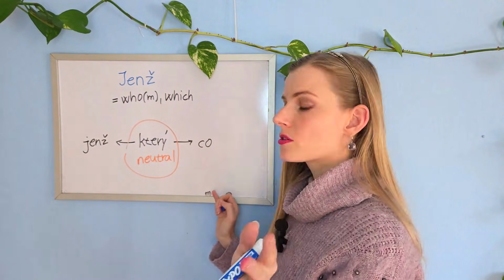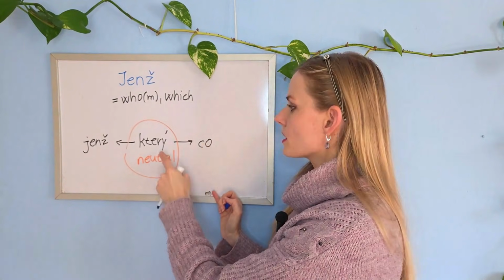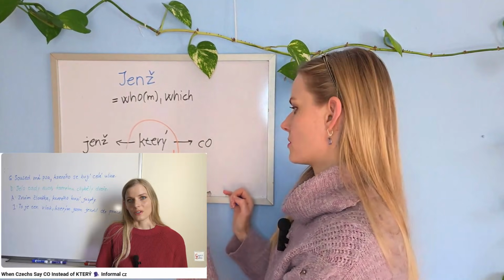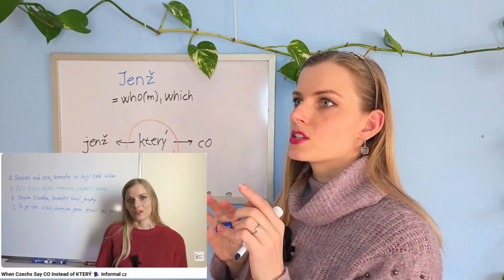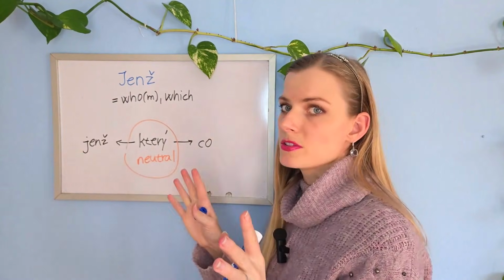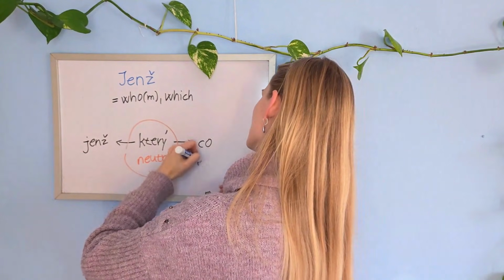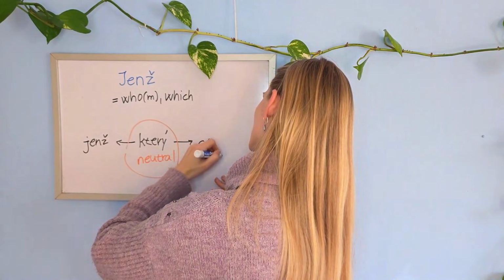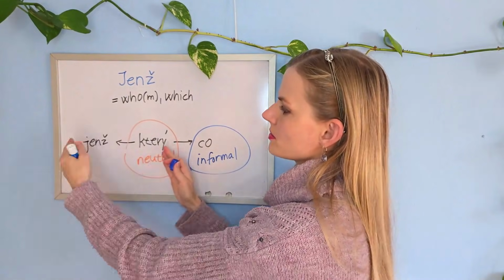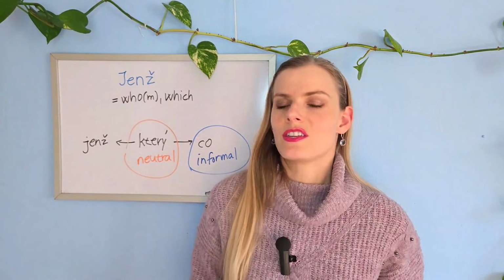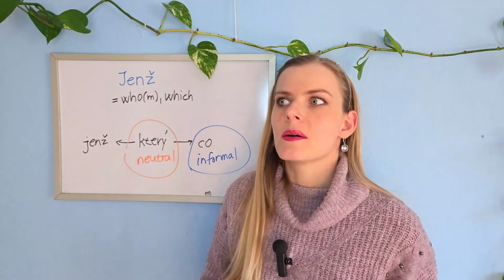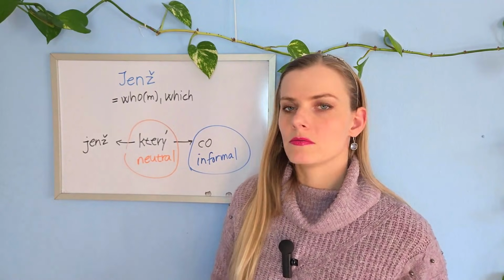A few months ago, I also covered when you can replace který by co. I recommend you watch that video. Now, co, in specific contexts, I don't mean that you can replace který by co every time. Co is informal. It's very common for spoken Czech. And on the other side of the spectrum, we have Jenž, which is very formal and becoming quite archaic now.